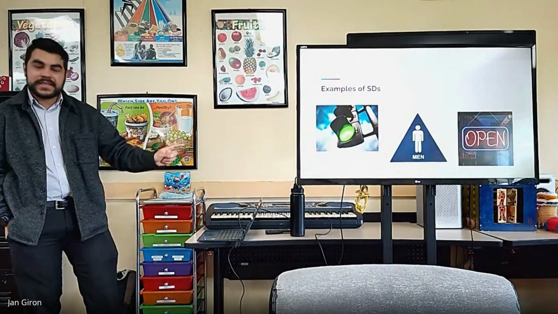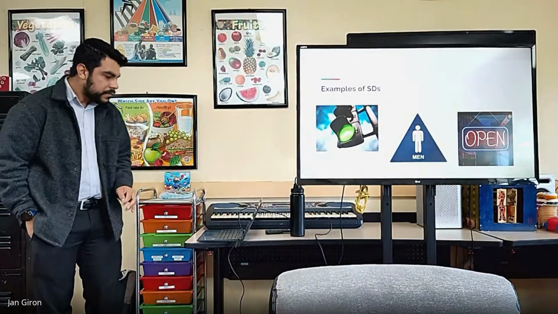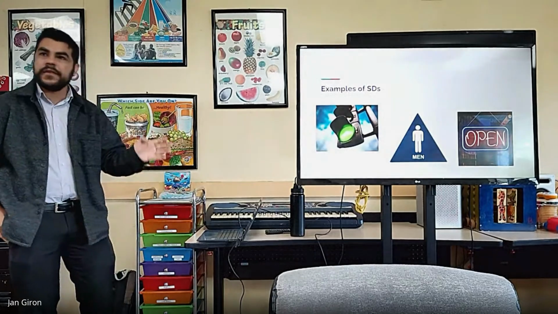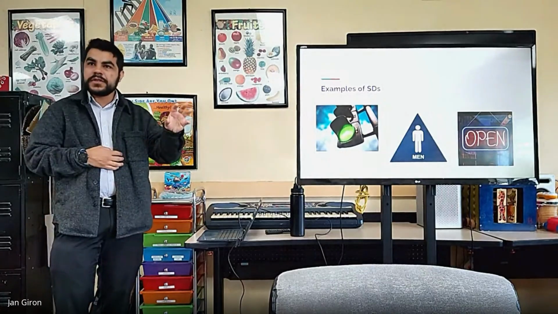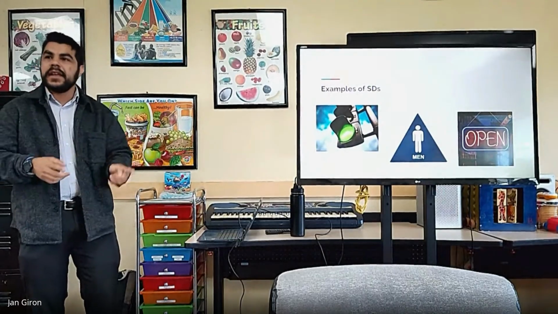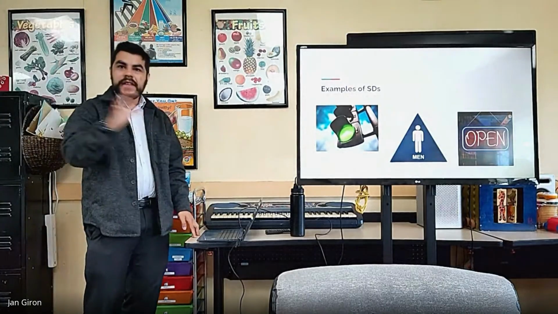So it's only in the presence of this sign, and typically it's universal across wherever you go, that you can use the restroom. And then same thing with an open sign if you go to the grocery store. It's only when the grocery store's open sign is lit up where you can go in and have access to reinforcement, primarily buying the things you need. So those are all SDs.